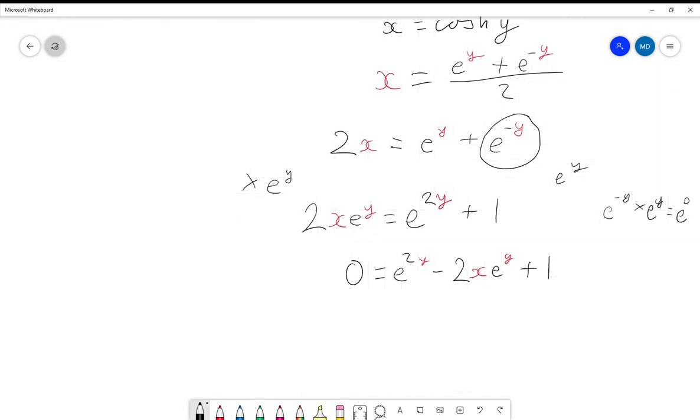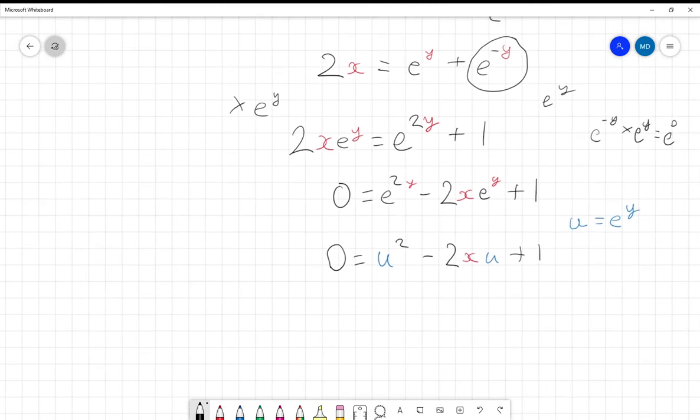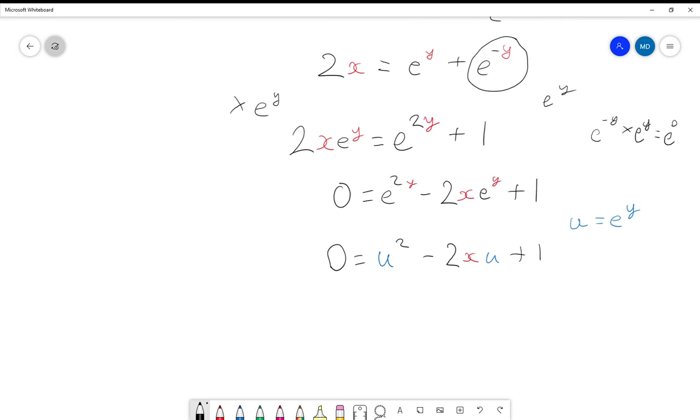Okay, now how does this help us? Well, it helps us when I make this substitution. I'm going to make the substitution of u equals e to the y. And that will rewrite this as 0 equals u squared minus 2x times by u plus 1. And if you notice, this is now a quadratic in u.